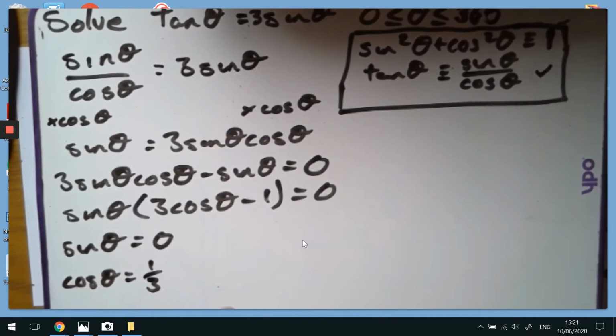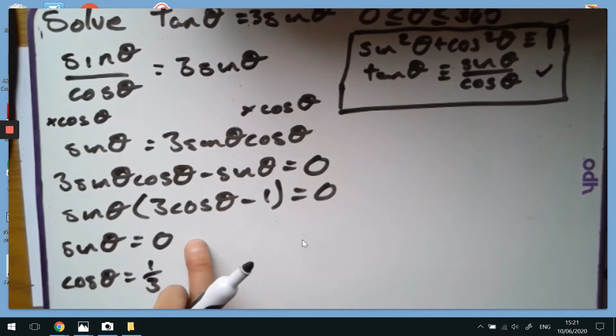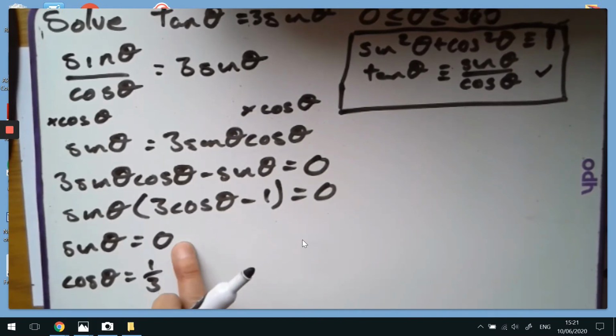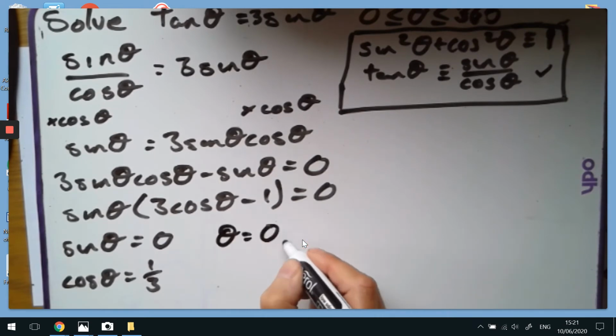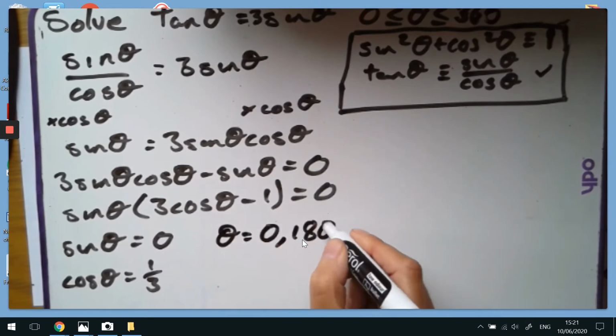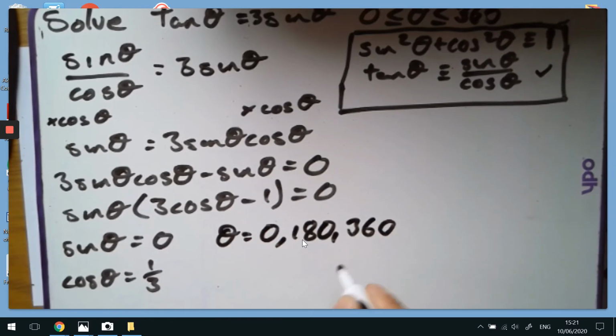I'm not going to put this one in the calculator, because I think we can probably know where sine theta equals 0 between 0 and 360. By all means, put it in the calculator if you want to double check. That is 0, 180, and 360 degrees.